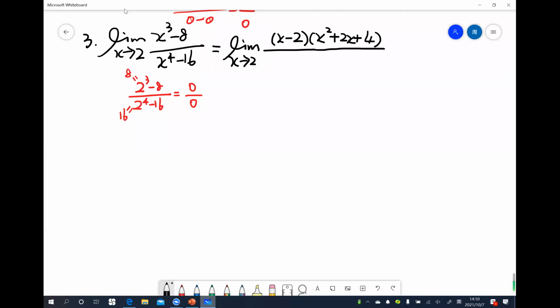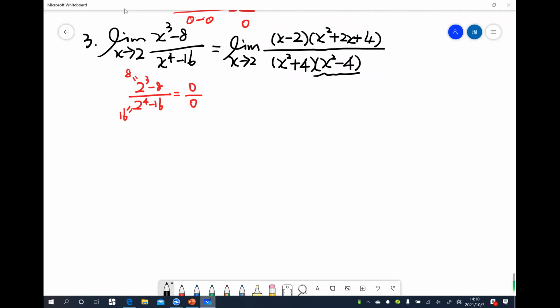And for the denominator, x power 4 minus 16 can be written as x squared plus 4 times x squared minus 4, right? And here you will find that x squared minus 4 can be written as x plus 2 times x minus 2.